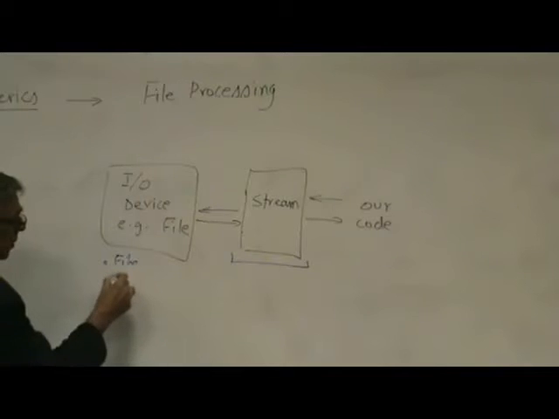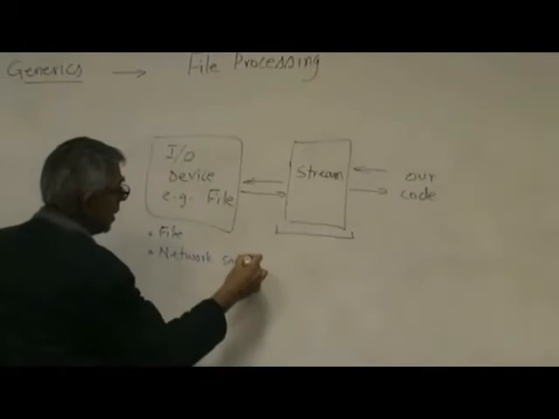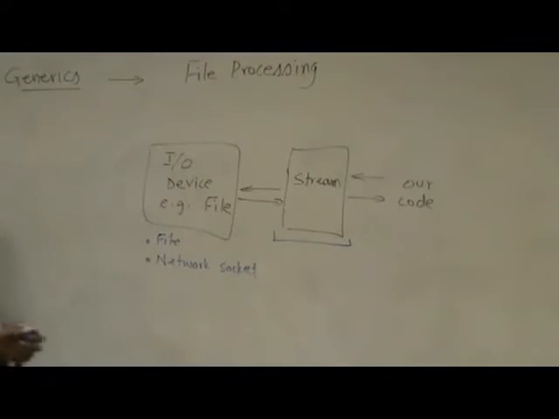If we change this to, let's say, a network socket, take a look here: since our code was still dealing with the stream, it does not have to change. So it makes it flexible so that any medium can be easily read from or written to.